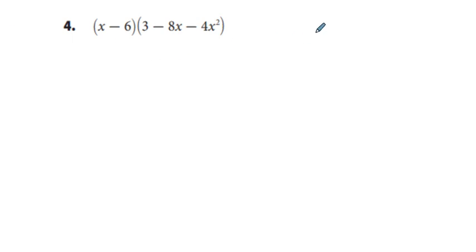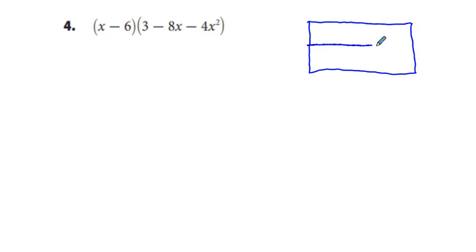Okay, for this one here, I'm going to use the other method I showed you, which was this box method. And to do this, we have a binomial times a trinomial, meaning that we set up a box that has a 2 by 3. This is going to be sufficient for us.